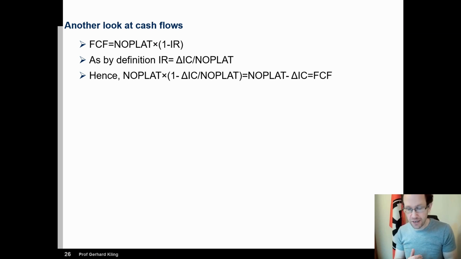But basically your free cash flows are your NOPLAT minus the change in invested capital. So I can also express this in terms of a reinvestment rate. If you have a very high reinvestment rate, it actually cuts down your free cash flows because it means you have to invest a lot to grow. And that can be a useful metric. So what we do here is we express the free cash flows in slightly different ways to get a different interpretation of these ratios, which can be helpful.